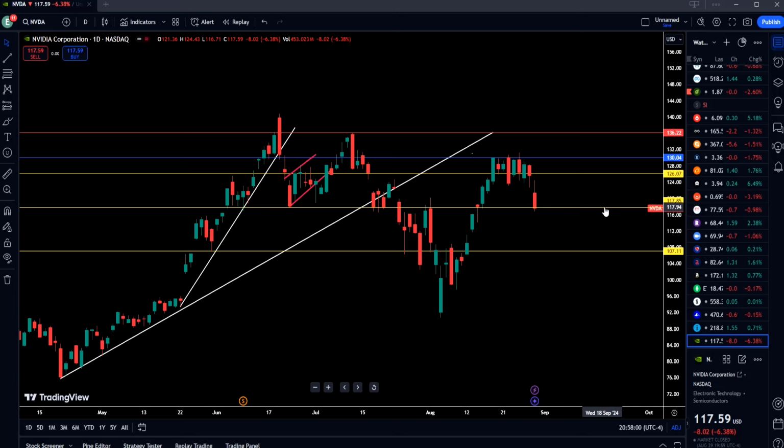117.85. So here on Nvidia, guys, when things go up, the expectation is so high, and if you miss those expectations, yes, they beat on earnings, but those are not going up by a big margin anymore.